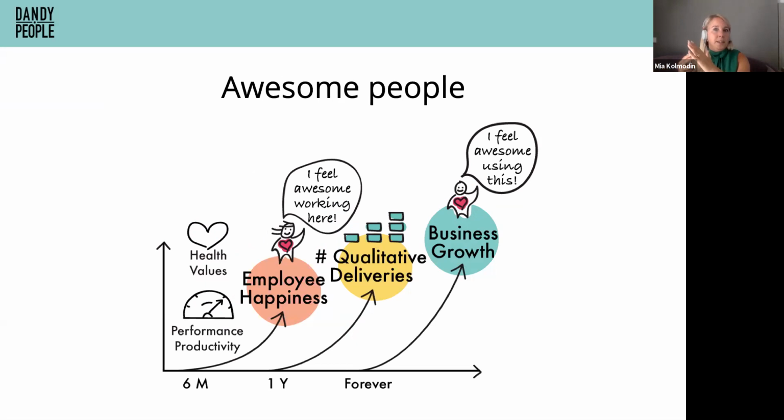And after 1 year, if you create focus and you help people to collaborate, find new and better ways to work together, and you also have good product ownership in your organization, people who can decide what value actually is, and you have the mandate, then you will get qualitative deliveries that actually deliver value to the customer, not just output.